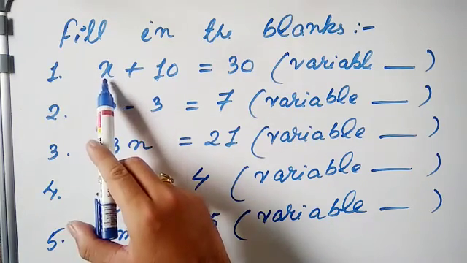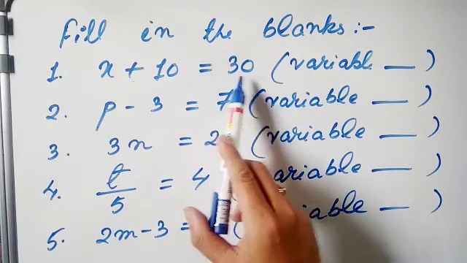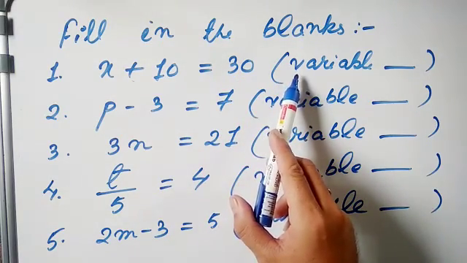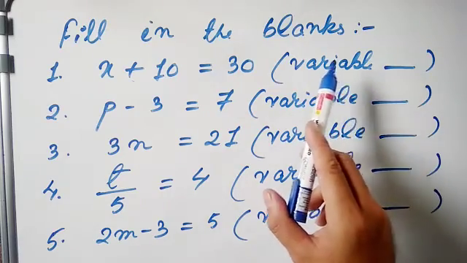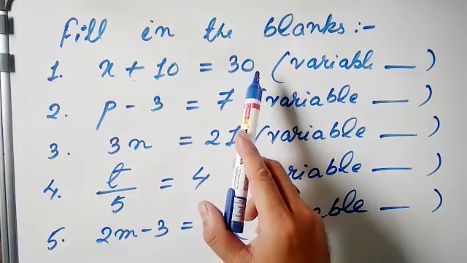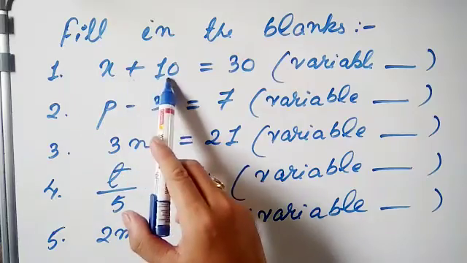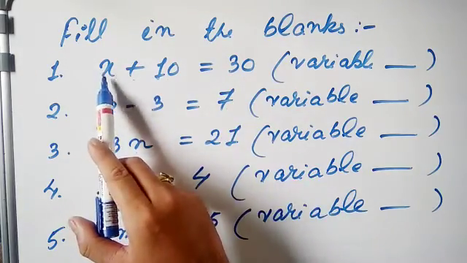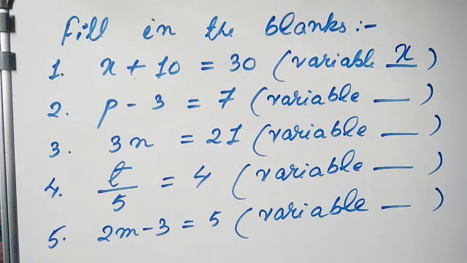The first equation is x plus 10 is equals to 30, and they have written variable and given us a blank, which means that we are going to find the variable involved in this equation. So it's very simple, right? The variable involved in the equation x plus 10 equals to 30 is, yes, x.